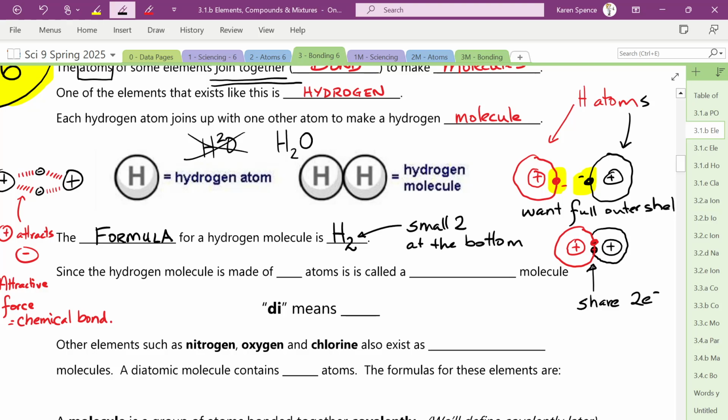Since a hydrogen molecule is made of 2 atoms, what does di mean? What do you guys think di means? Di means 2. So if we have a molecule made of 2 atoms, what type of molecule could we call it?